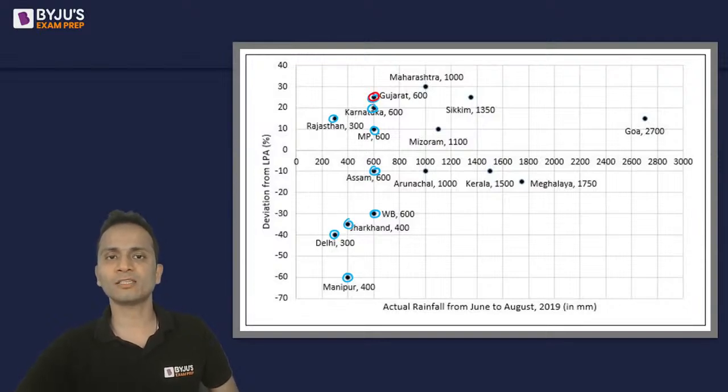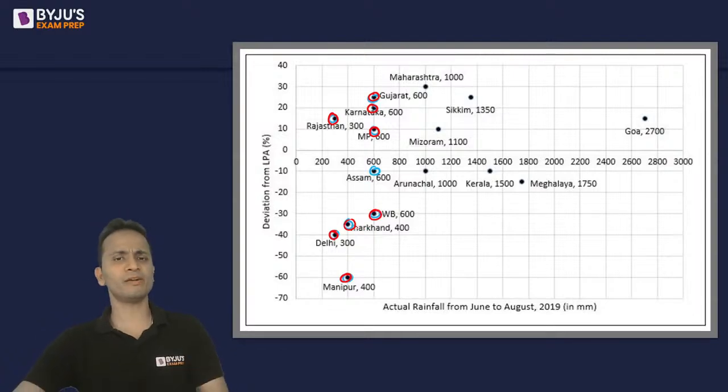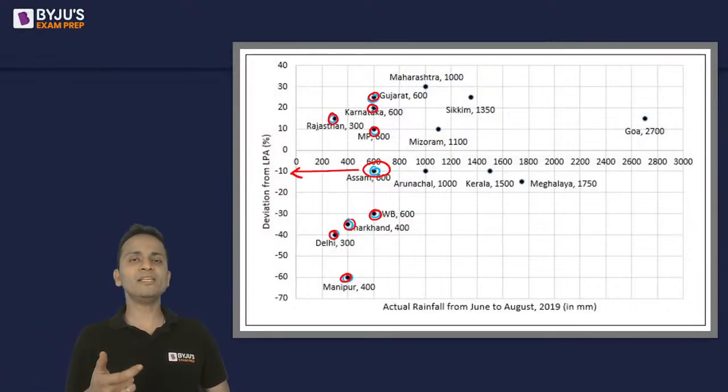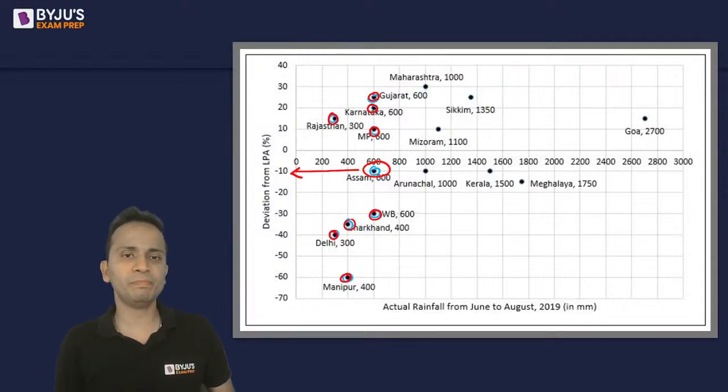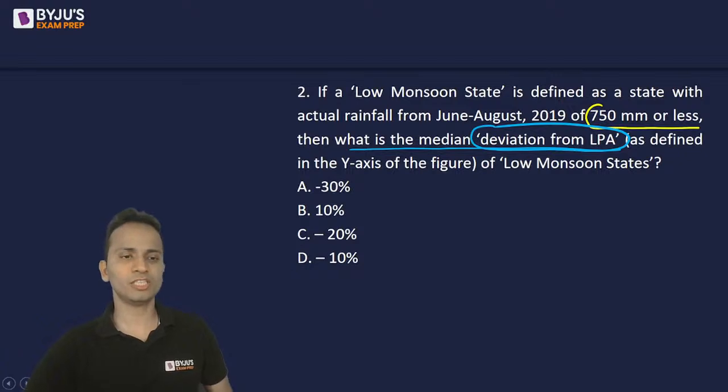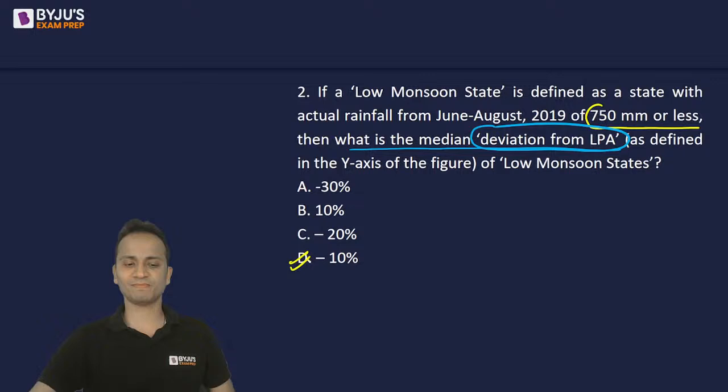So Gujarat, Karnataka, Rajasthan and MP are removed from the top. Manipur, Delhi, Jharkhand, West Bengal, you can remove 4 terms from the bottom. Assam will be in the middle with a deviation of -10. So the median of the deviation from LPA is -10. So -10 percent, that is option D, will be the correct answer of this question.